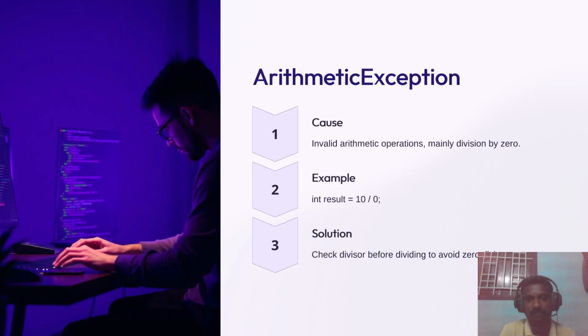Next, this is a popular one. Once you understand this particular exception, you can easily understand all the other exceptions. Once you understand the built-in exceptions thoroughly, you can easily write your own user-defined exceptions. That is very, very important. Built-in exceptions are available by default in the Java Development Kit.